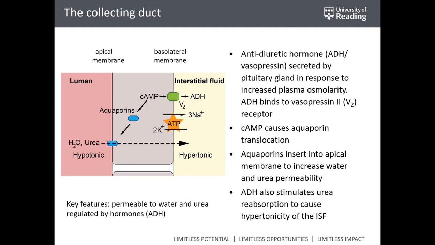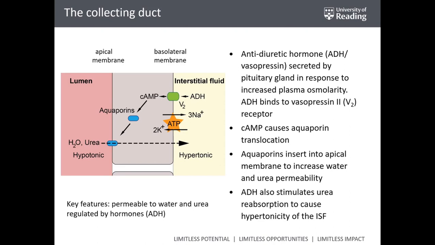So the aquaporins are then inserted into the apical membrane, and what aquaporins are, as you can tell from the name, are pores that let water flow through them. Okay, so they are fairly big holes in the plasma membrane, which allow the passage of urea and water.